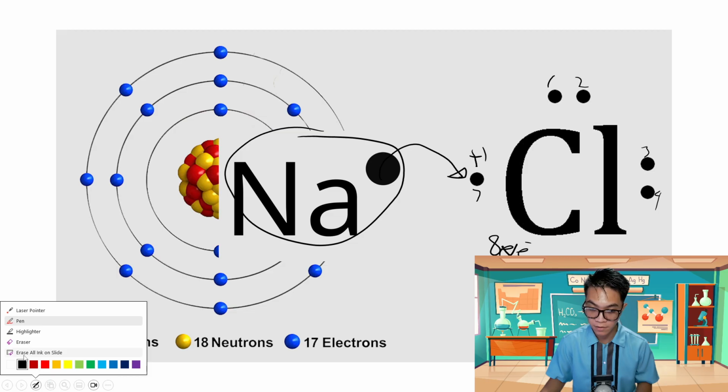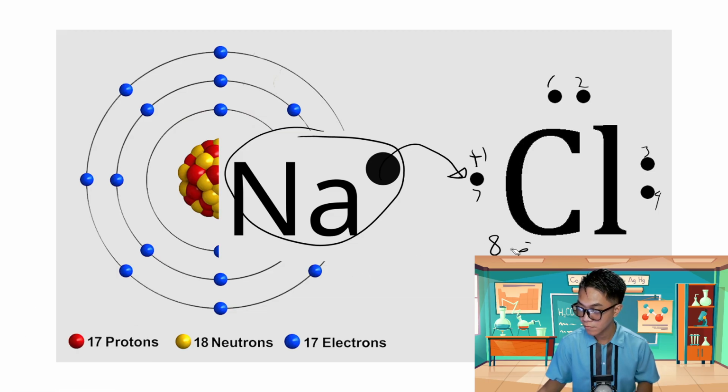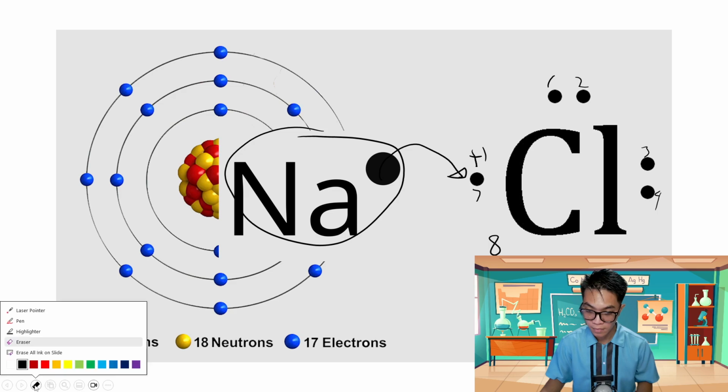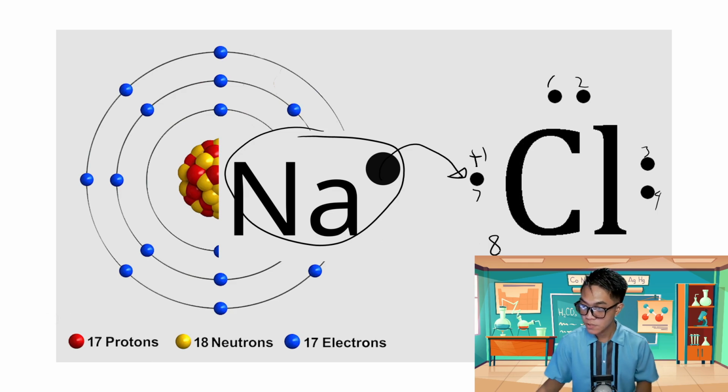Sorry, let me just get my eraser. So chlorine now completes the 8th valence electron on its outermost shell, and at the same time sodium also completes its octet because it gives away its excess 1 valence electron on its outermost shell. So when there's a transfer of electrons, this becomes an ionic bond between sodium and chlorine, which is sodium chloride or our table salt.